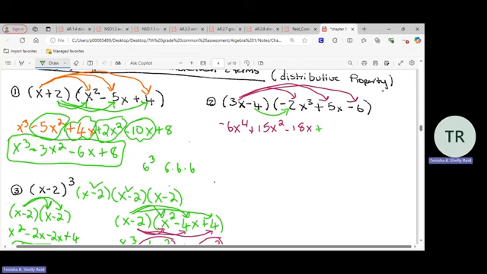So that's going to give me a positive 8x cubed, a negative 20x, and a positive 24. Then I'm going to combine like terms.